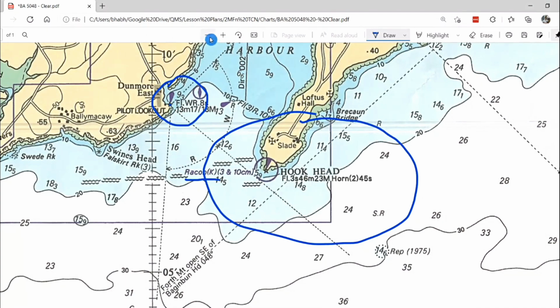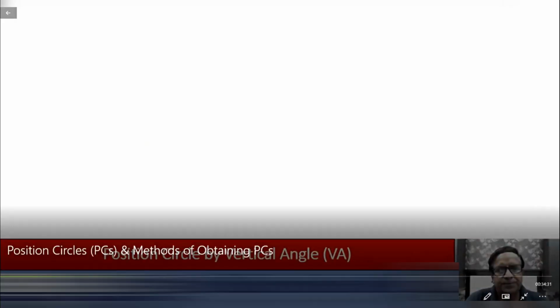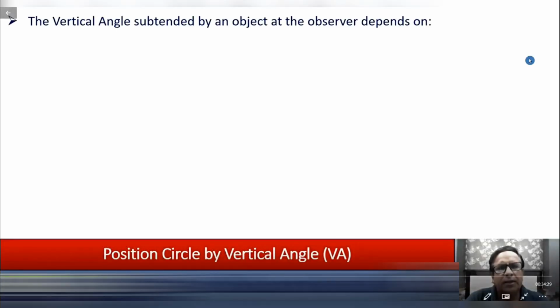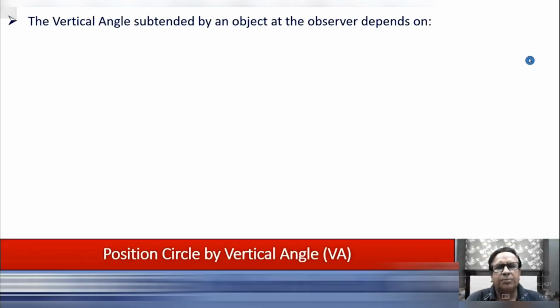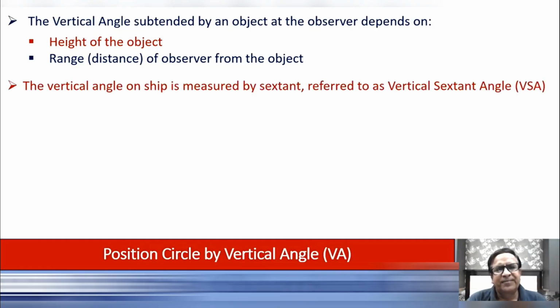Okay, beta. Okay, good. Let's go back now. The vertical angle subtended by an object at the observer depends on the height of the object and the range of the observer, or the distance of the observer from the object.